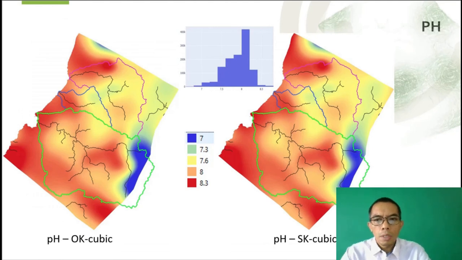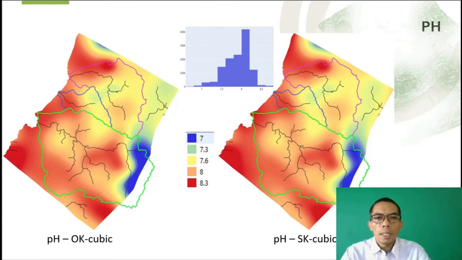These images present the spatial distribution of pH in the study area using ordinary kriging on the left and simple kriging on the right. Also shown in the images are the boundaries of three watersheds and the streamlines in black color. The results of the two kriging methods are almost without difference, or shall we say they are very similar.